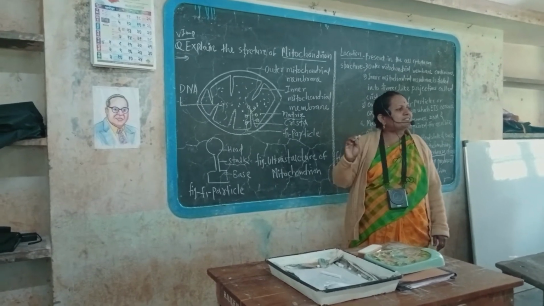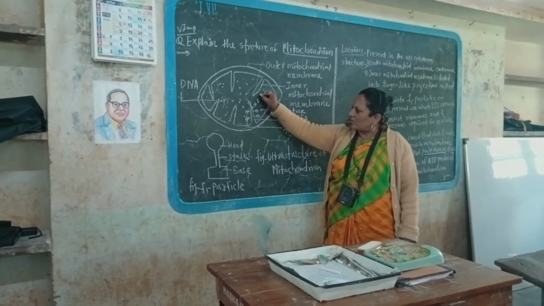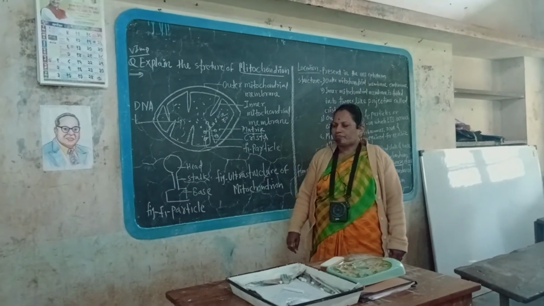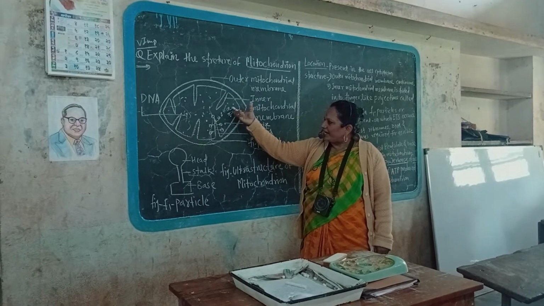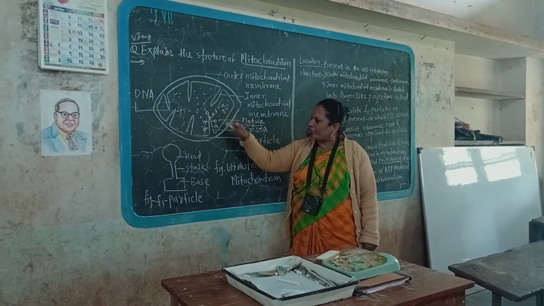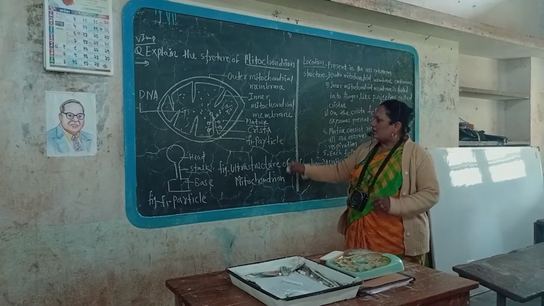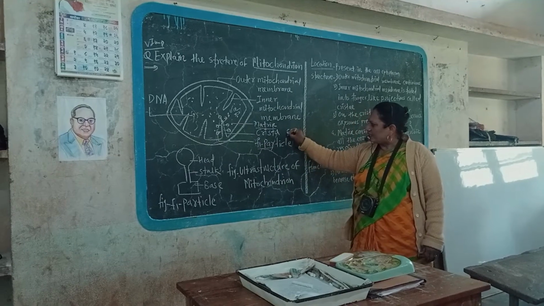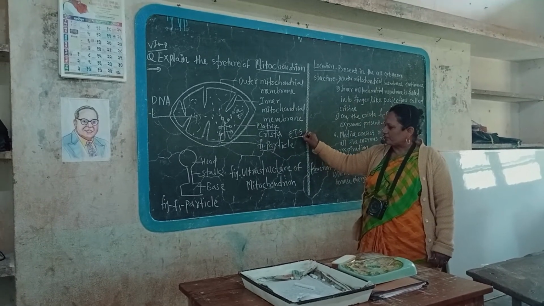What is meant by aerobic respiration? Respiration that occurs in the presence of oxygen is called aerobic respiration. Inside the matrix there are many enzymes required for aerobic respiration, and on the F1 particles there is a reaction called the electron transport system reaction.